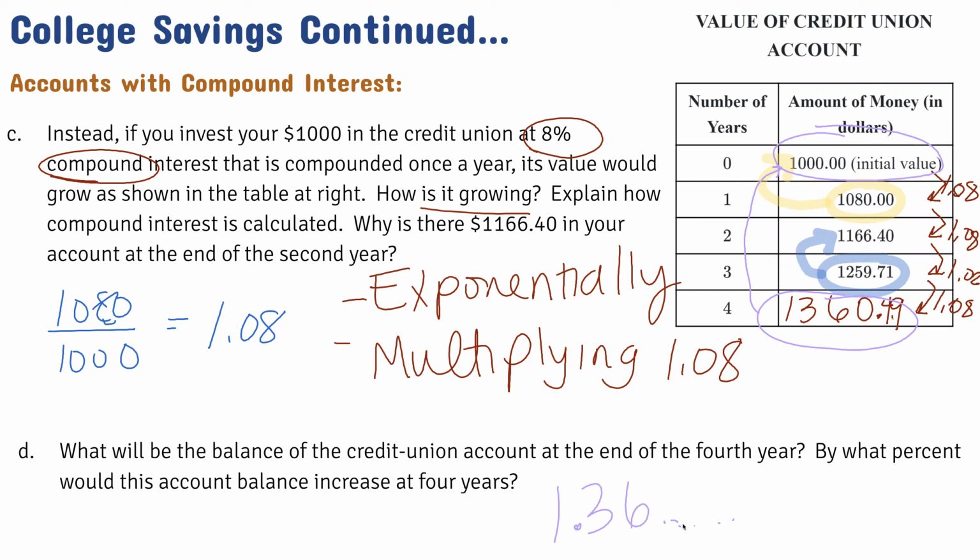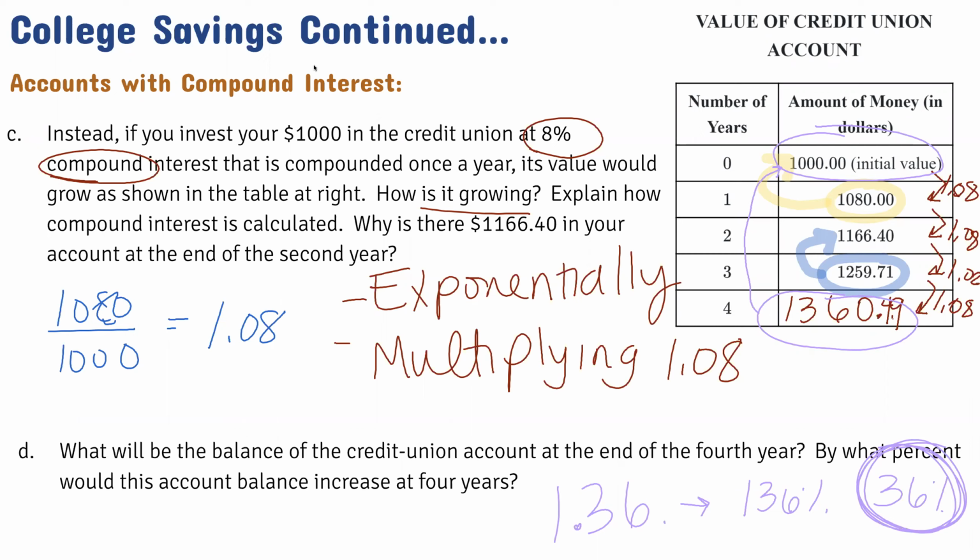Okay, so we only care about the 1.36. And so what will the balance be? $1,360.49. And by what percent will this account balance increase at 4 years? Since 1.36 as a percent is 136, it grew by 36%. Okay, so by putting your $1,000 into a credit union where you're getting 8% compounded interest yearly, you're growing by 36% to the fourth year.